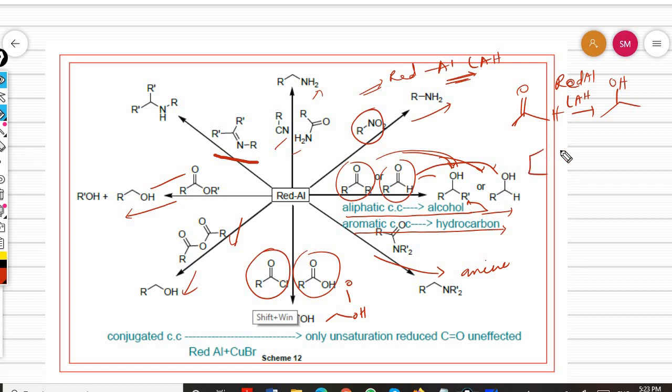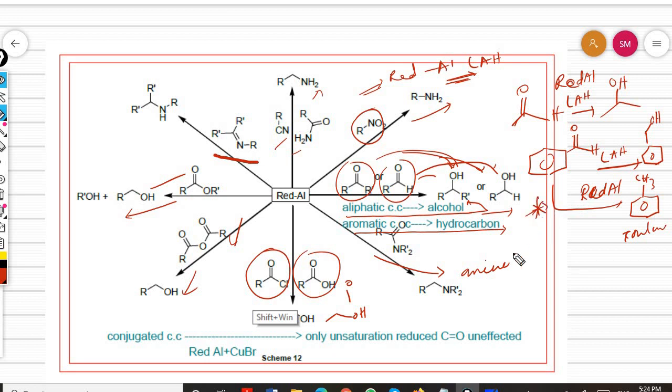But if I take a benzoyl compound and treat it with lithium aluminum hydride, it gives benzyl alcohol, as expected. If the same is treated with Red-Al, it converts into toluene. This is one of the basic differences, and a highly important area where questions may arise.